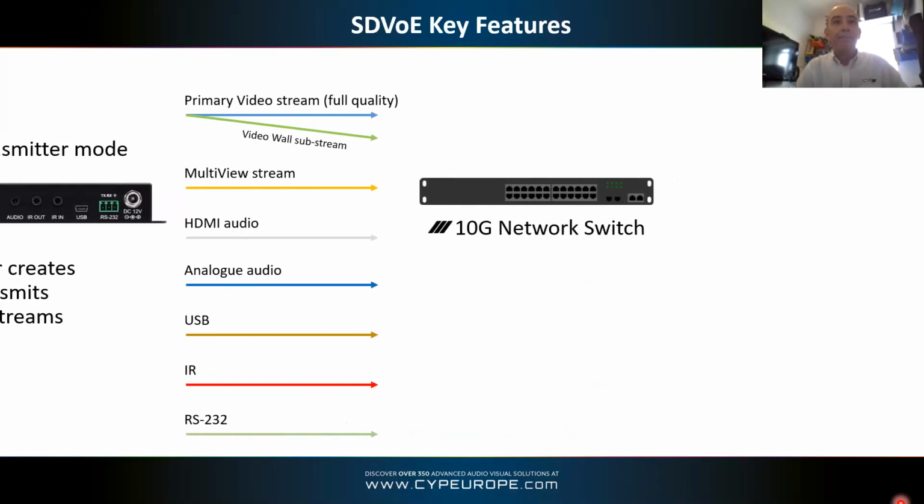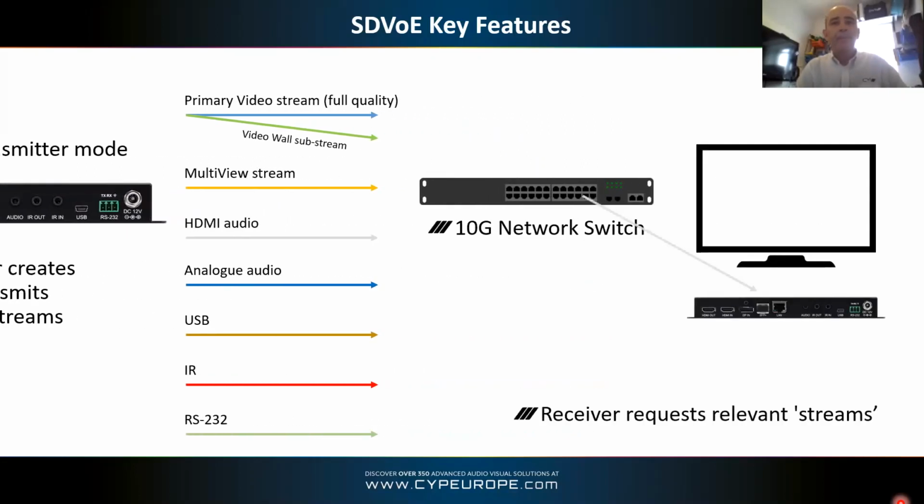Exactly right. And as you said then, obviously they are versatile, and the receiver then sort of requests what it needs from the network switch. And this whole system, unlike the 1 gig IP system, doesn't need any adjustments to the 10 gig network switch, but you must have an IP CS8 in the system.